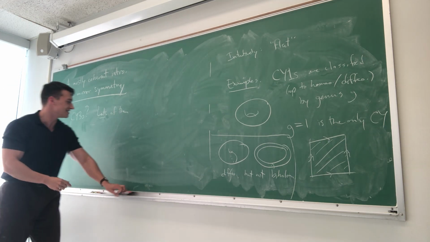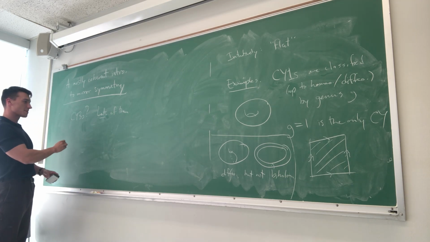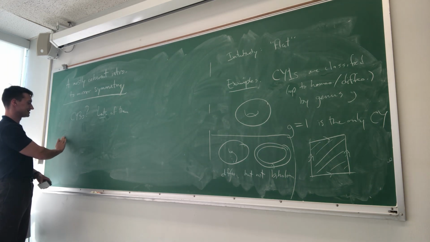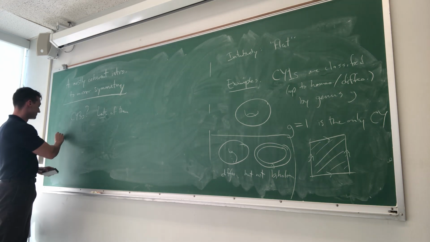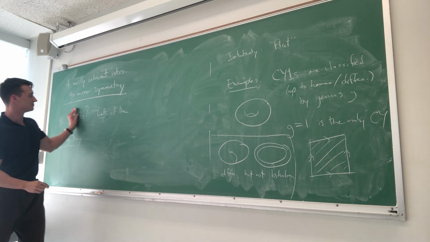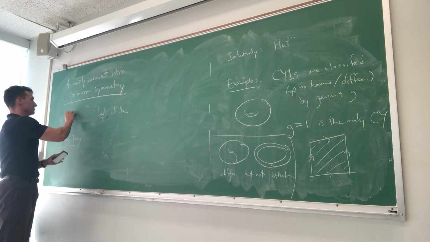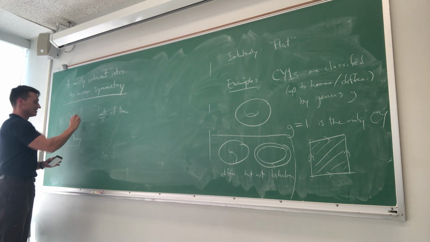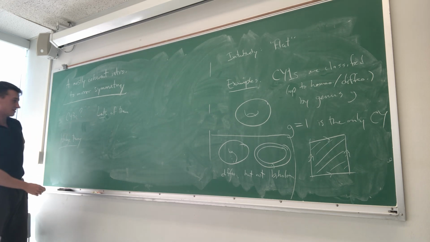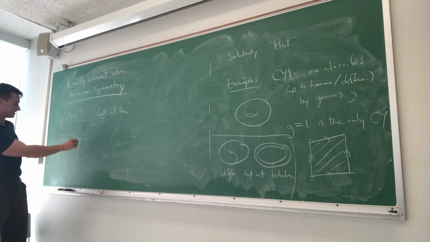So actually, to continue, I'm going to have to take a detour now. This is section 2. Oh, I didn't even label the sections. Anyway, now we have to talk about Hodge theory briefly. Again, I'm going to be extremely sketchy with this.